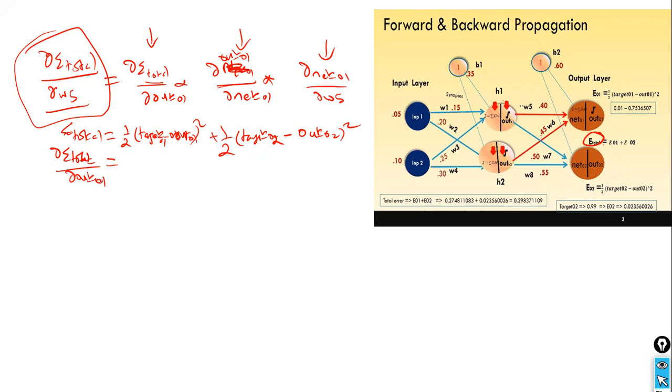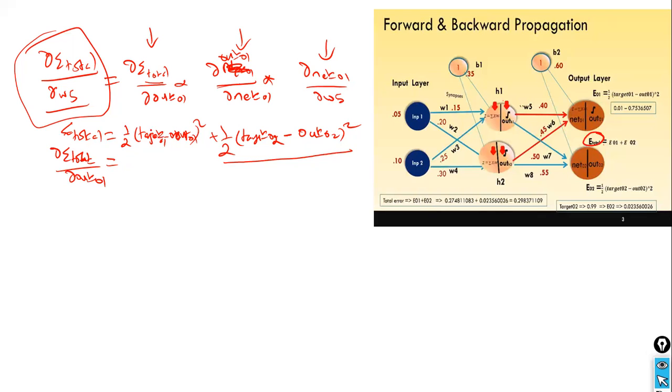If you take the partial with respect to out O1, we don't have out O1 in the second term, hence that part will become 0. That one remains constant and gets dropped, because we are taking the partial derivative of E total with respect to out O1, and we can see out O1 only here.